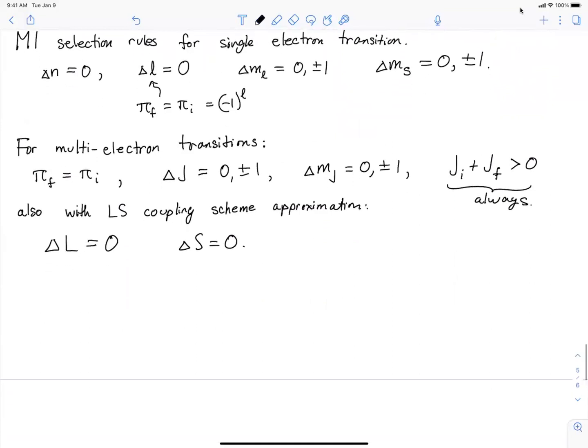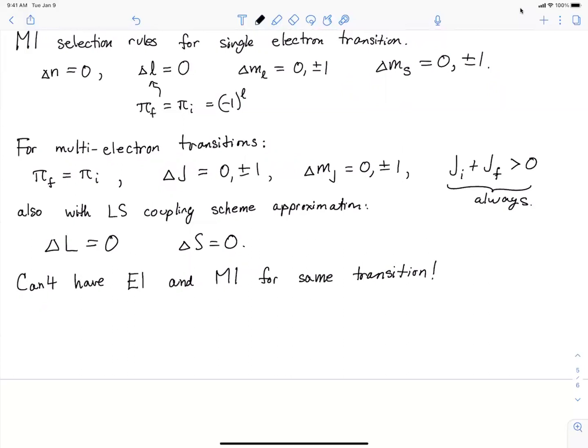Okay, so as I've already mentioned, but we'll say it here officially, you cannot have both electric dipole and magnetic dipole for the same transition. That's really the reason we're allowed to do this expansion and pretend that it's, well, not pretend, it is one or the other.